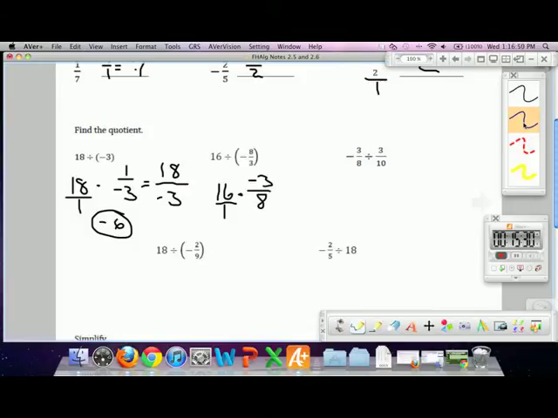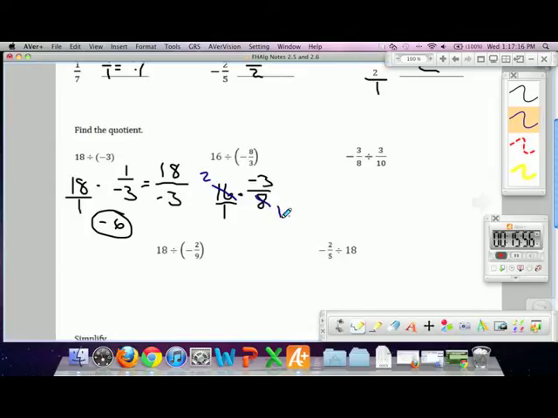Does 16 go into 8? No, 8 goes into 16. How many times does 8 go into 16? Twice. How many times does 8 go into itself? Once. What's now 2 times negative 3? Negative 6. What's 1 times 1? 1.